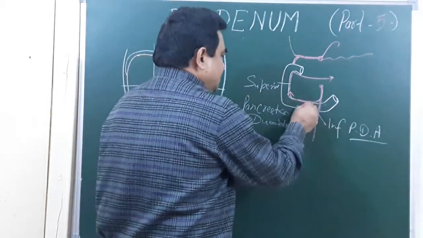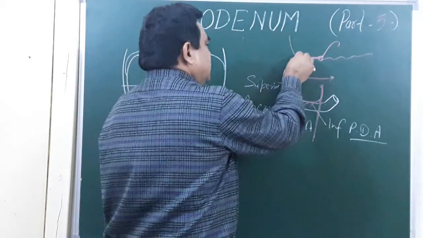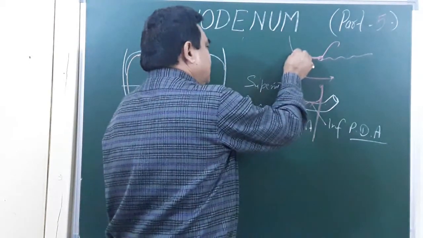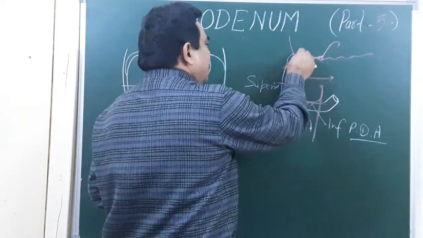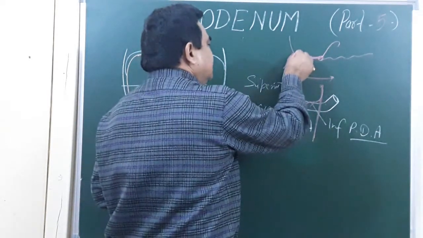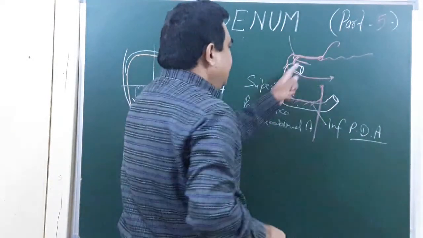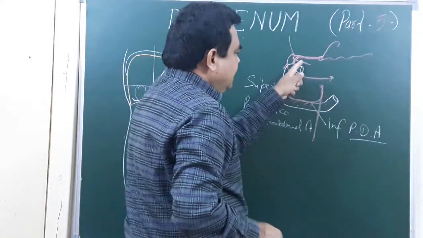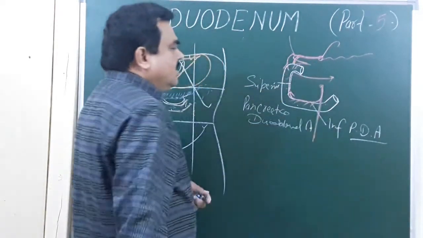So it gives a branch to this. Another artery, here is the supraduodenal artery, which gives a branch to this. Another artery is the right gastric artery. This is the left gastric artery. Here is the right gastric artery. The right gastric artery also gives a branch to the duodenum.